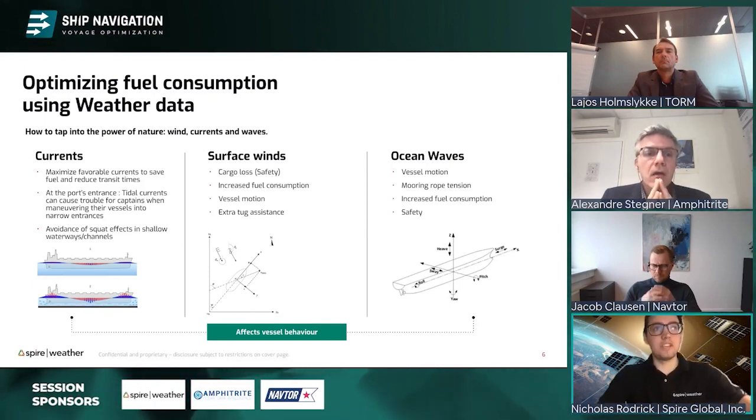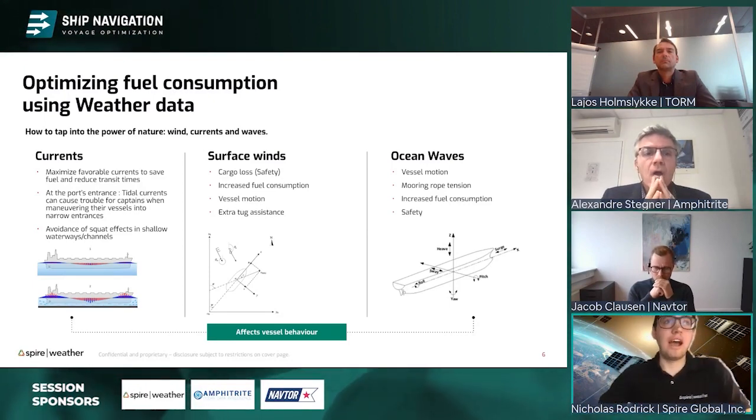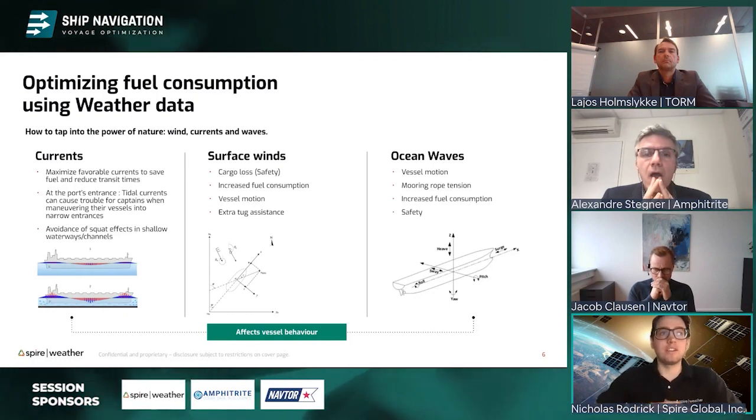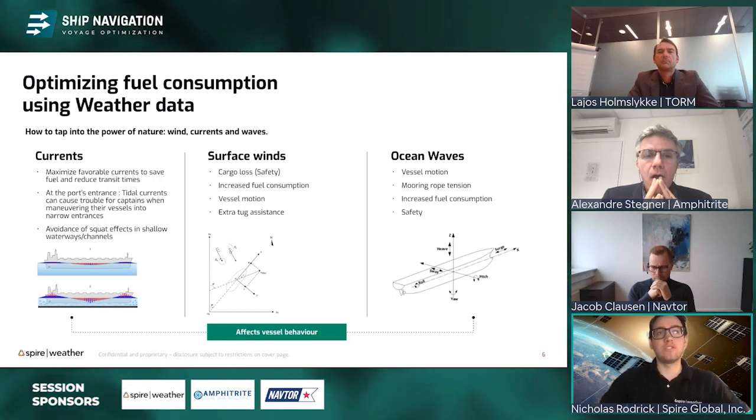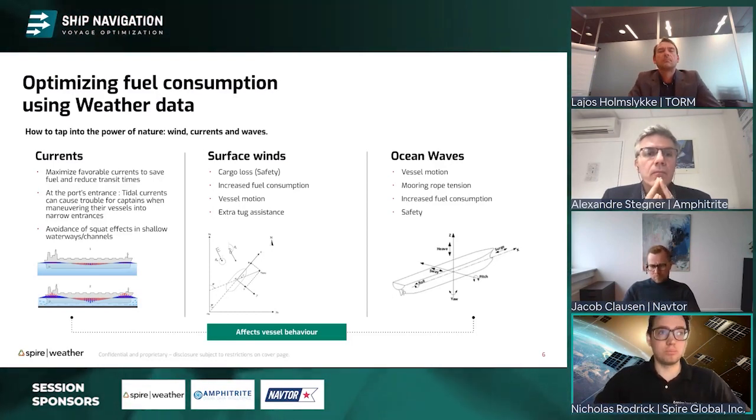So I want to take a look at how nature itself, and specifically in this slide, met ocean variables such as currents, surface winds, and ocean waves can have an impact on decarbonization. For example, currents can have an impact on fuel consumption, whether you're riding a favorable current or avoiding a non-favorable current.